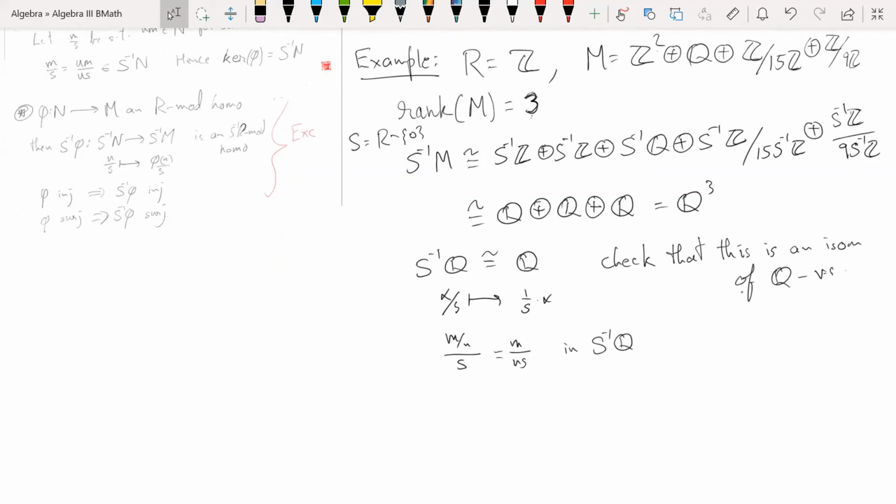What about if I consider R is Z and M is 2Z? 2Z is an ideal in R. So what is the rank of M?